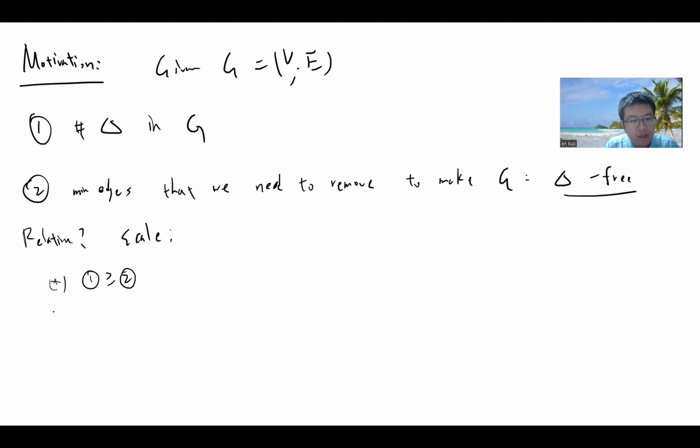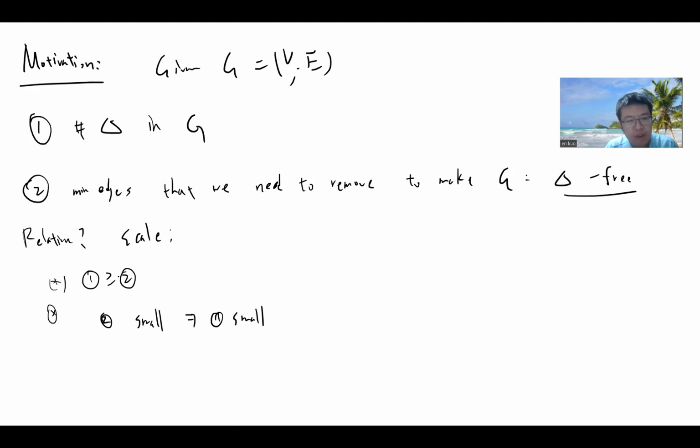Another intuition is that if there are very few edges that we can remove, then we guess that the graph should not have a lot of triangles.